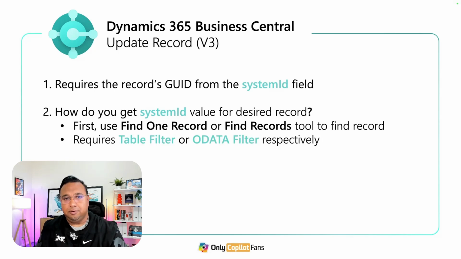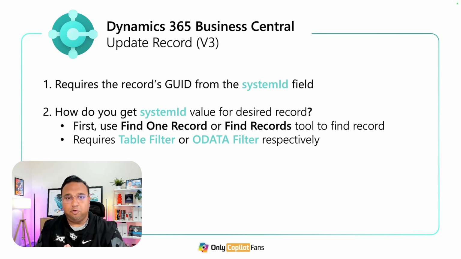Find Records, on the other hand, is going to show you all the records from a table, or you use some OData filters and find one result or multiple results, and then you can choose from those results which record you want to work with. For instance, if you wanted to update a customer, you may not know exactly how the customer's name is spelled, and you may not know the customer number off the top of your head.